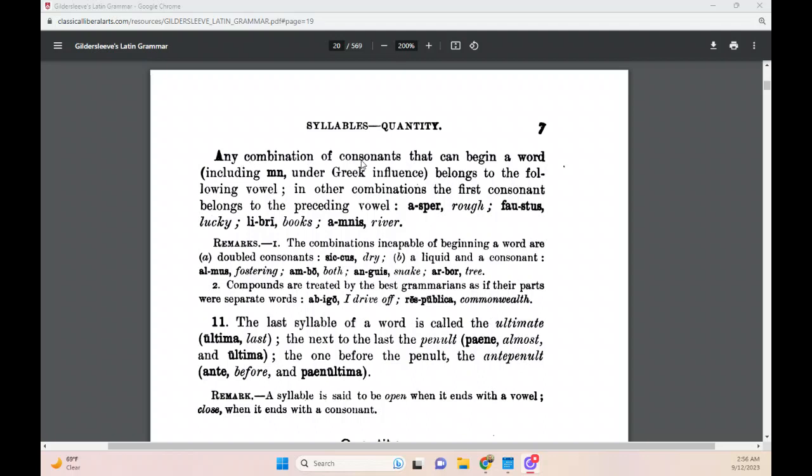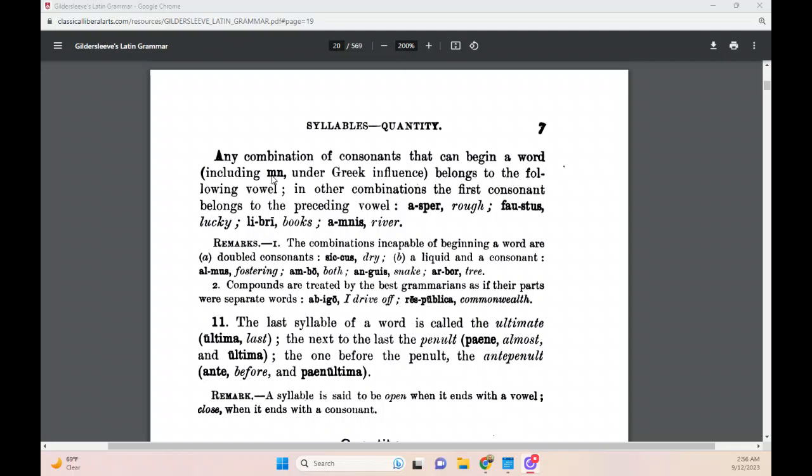So any combination of consonants that can begin a word belongs to the following vowel. There's a note here in parentheses. It says including MN. Now you might think to yourself, I don't know any words that begin with MN. What word possibly could begin with MN? But notice what it says. It says under Greek influence. So in Greek, we'll find words that begin with MN.